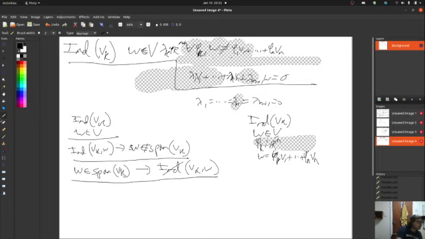So what we can do is specialize the definition of independent to get phi 1 v1 plus dot dot dot plus phi n vn equals 0 implies phi 1 equals dot dot dot equals phi n equals 0.